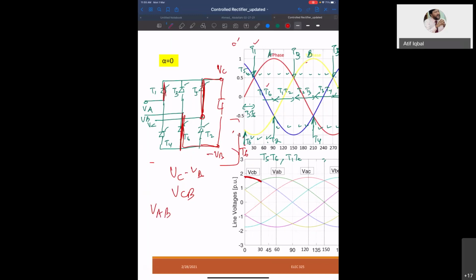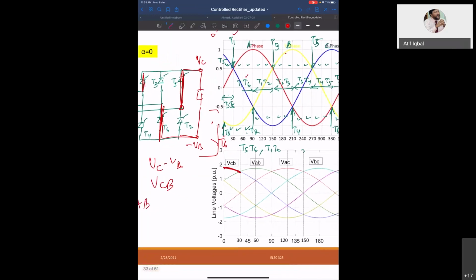You see here, the angles are not corresponding angles; you have to check. From here to here, T1 and T6 are operating. That means we are getting VAB. This is from 30 degree to 90 degree, so 90 degree is here. I will map VAB from here to here.